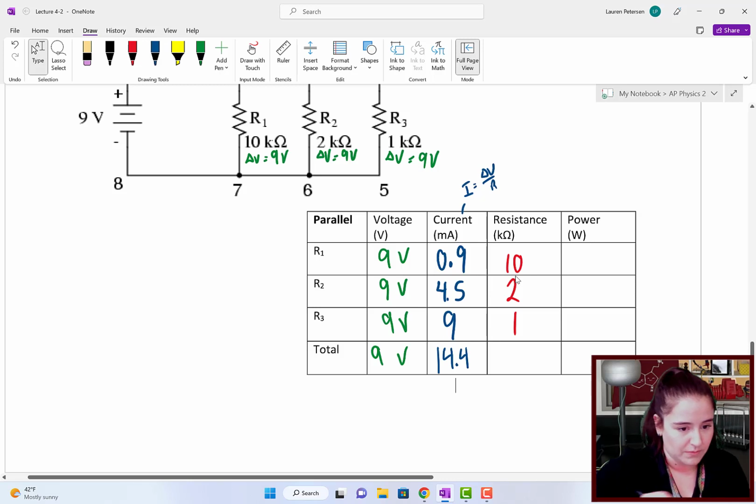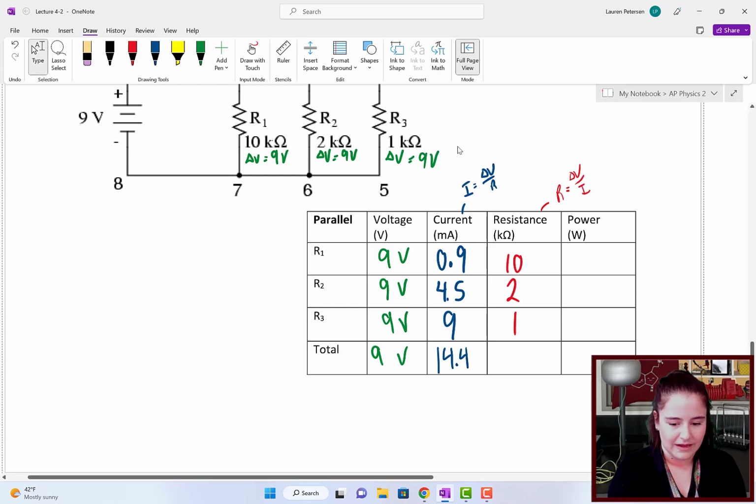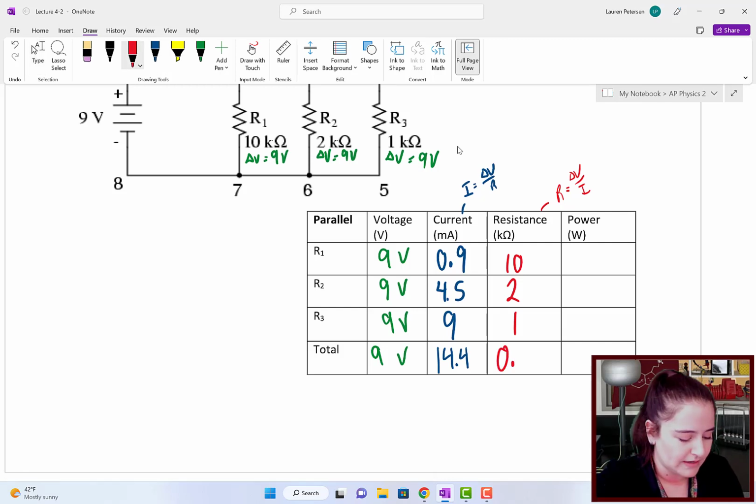So then we can find our total resistance. Our total resistance equals the voltage drop divided by the current. So we got 9 divided by 14.4, which gives us 0.64 kilo ohms.